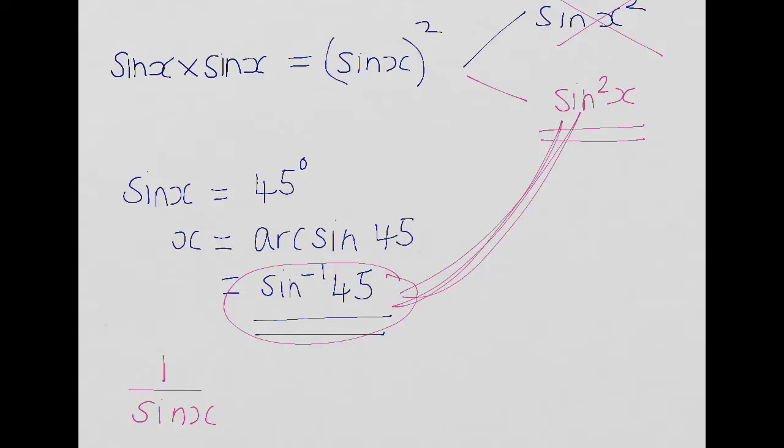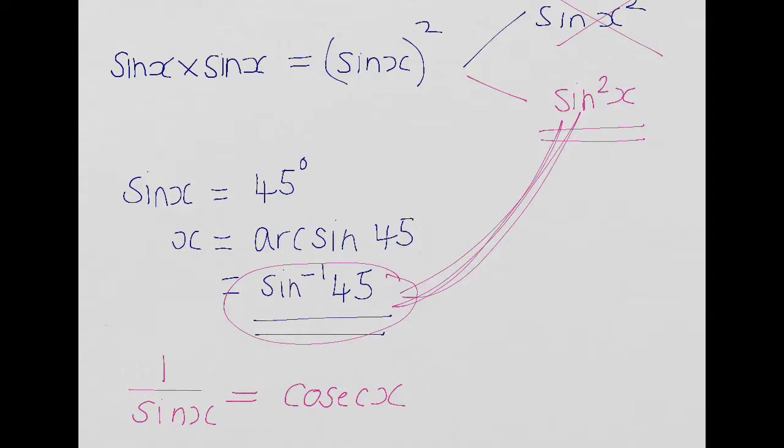So because we've used up sine to the -1, 1 over sine x we write as cosec x. And that's all it means. 1 over sine x is cosec x, because sine to the -1 of a value, that's the idea of doing the opposite, going back.